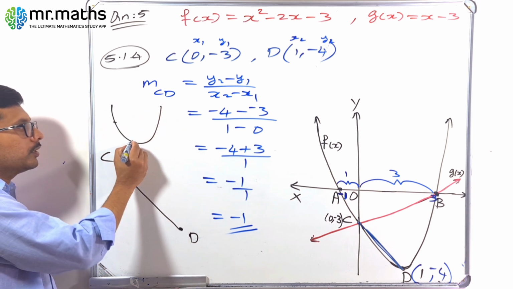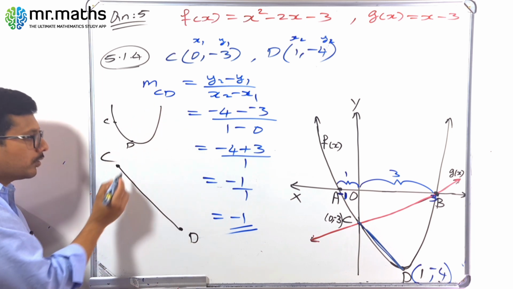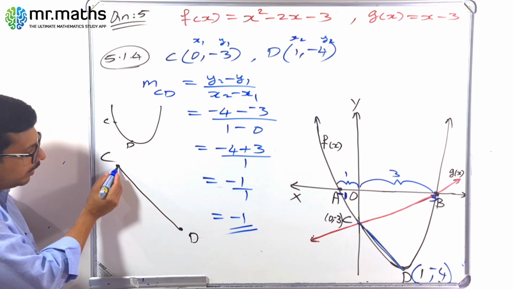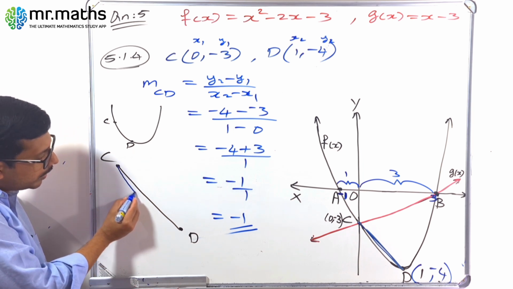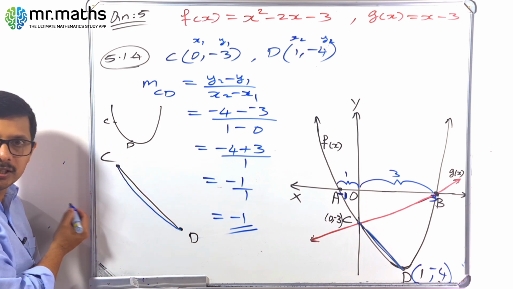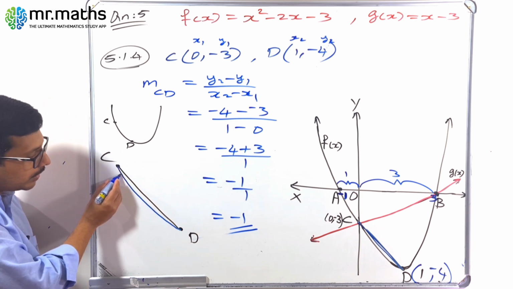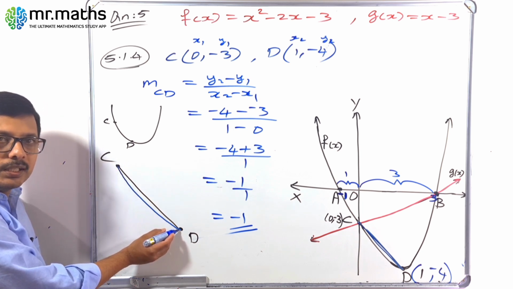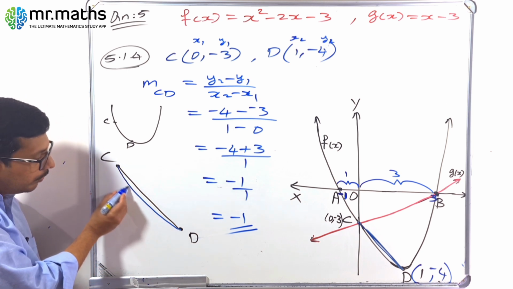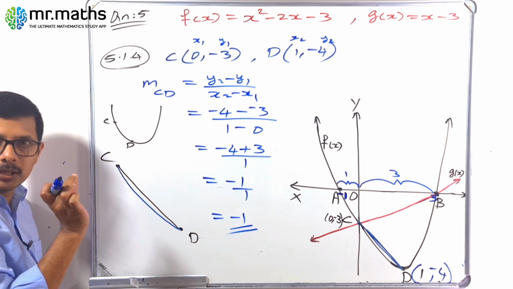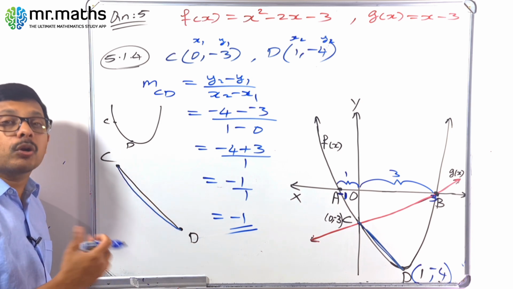This is the point C and this is the point D. So it's not actually a straight line. It's very close to a straight line, but you can see that there is a small curve like this. So the question is asking for the gradient of this one. That is why we say that the gradient of this curve and the gradient of the straight line are almost the same, not exactly the same, but almost the same.